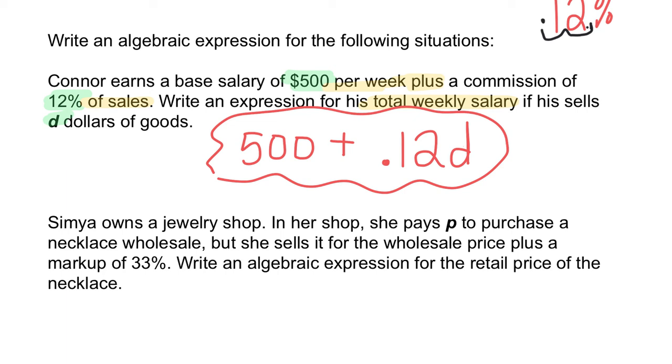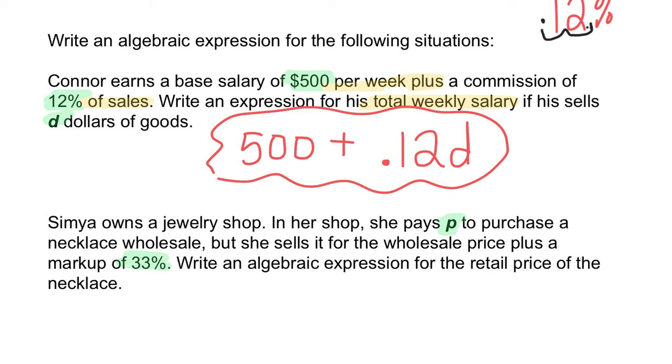Samaya owns a jewelry shop. In her shop, she pays P to purchase a necklace wholesale, but she sells it for the wholesale price plus a markup of 33%. Write an expression for the retail price of the necklace. So again, I've highlighted the words that tell me what numbers or variables to use.